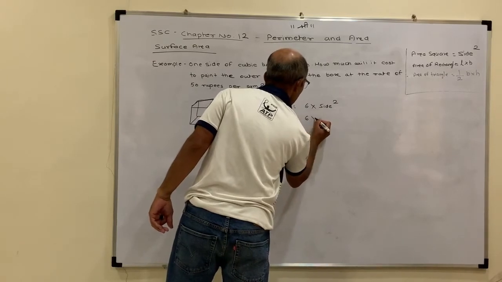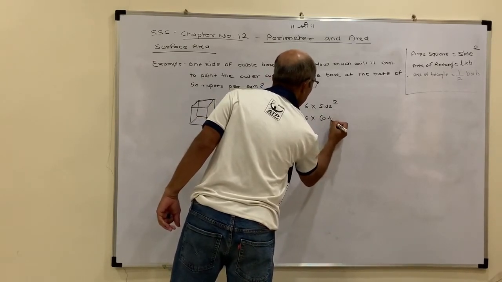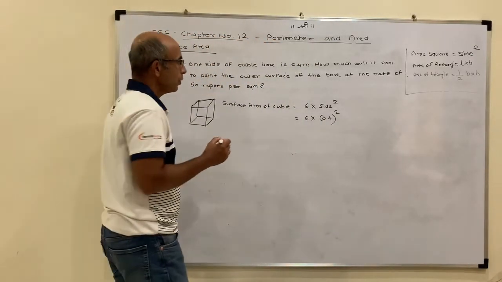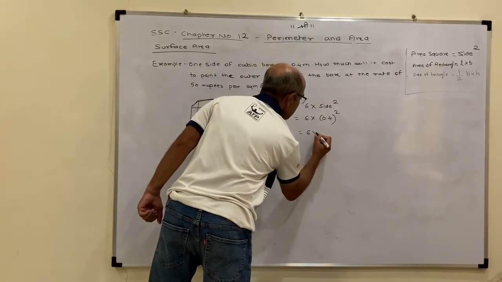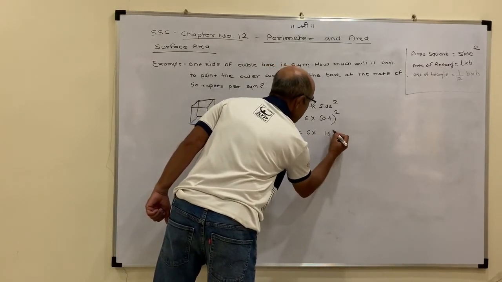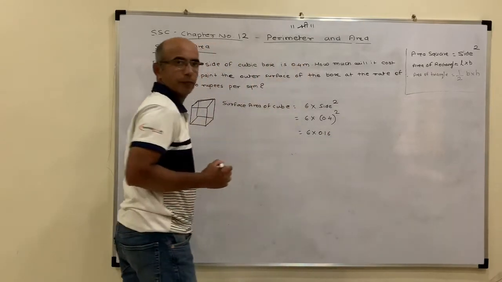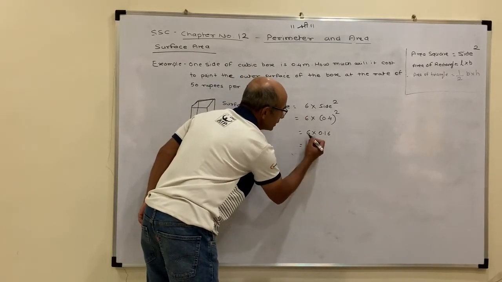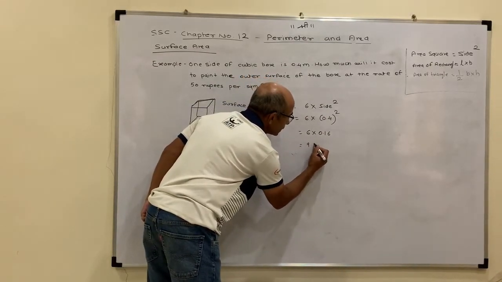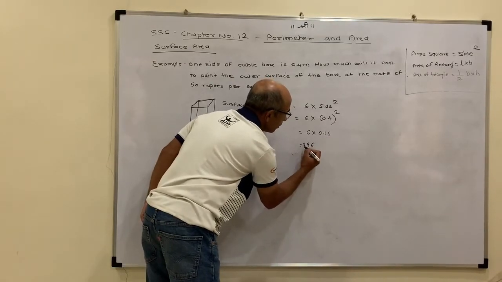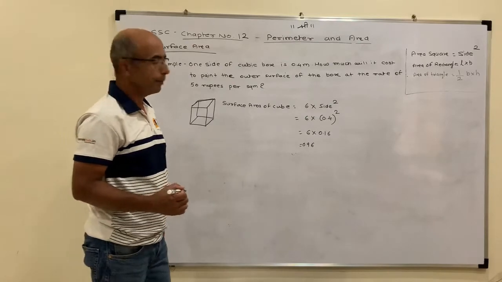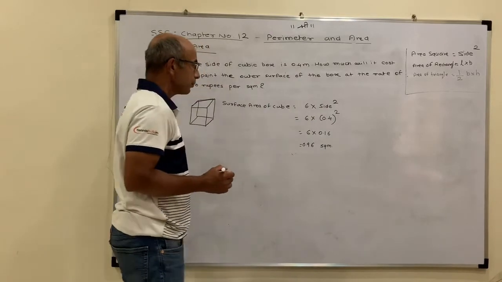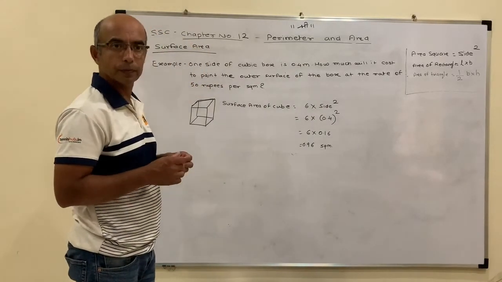So 6 into 0.4 meters square. So that comes out to be 6 into 4 4s are 16, so 0.16. Now 16 times 6 are 96, so 0.96 square meters is my area of the cube.